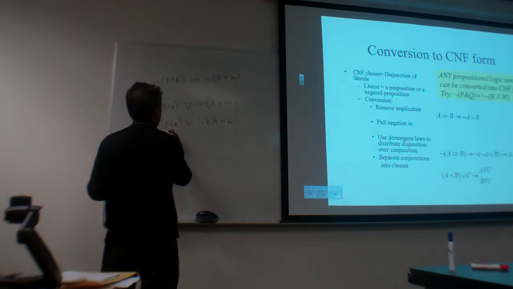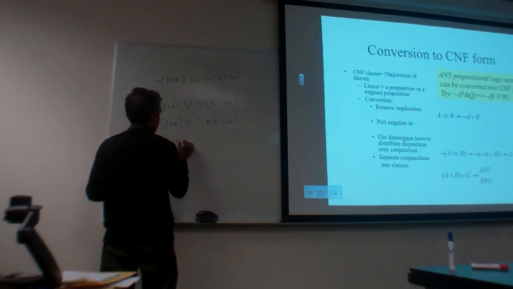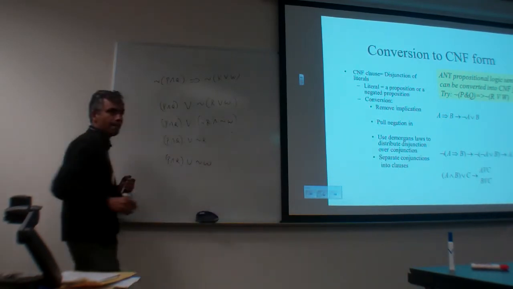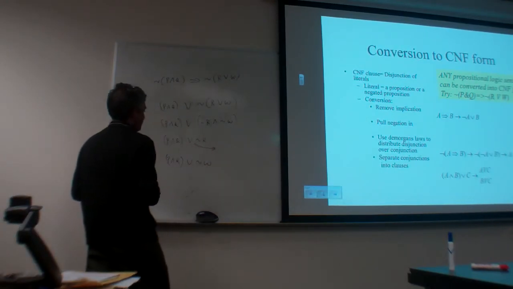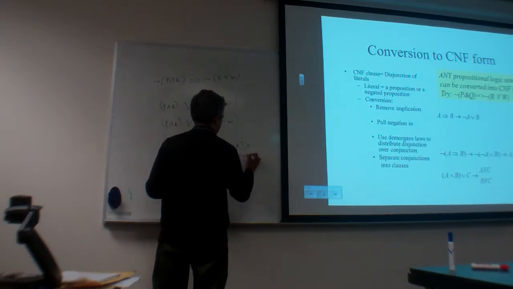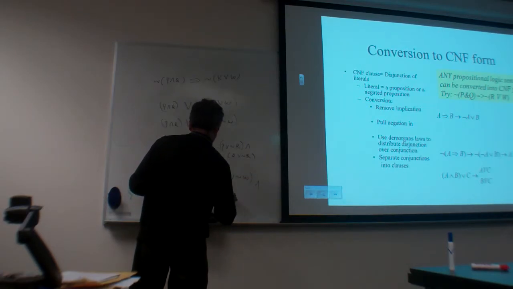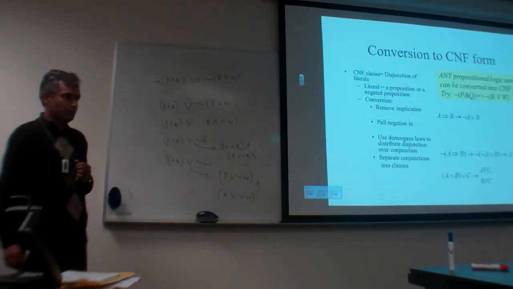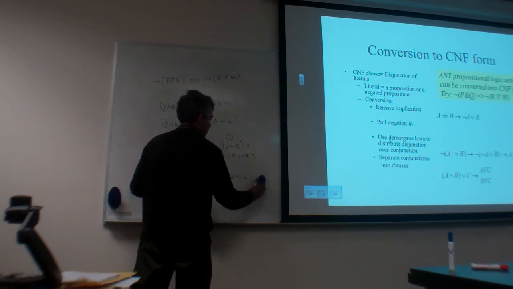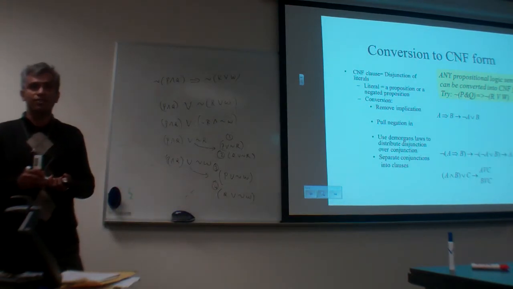For example, P and Q or not R and not W can be written as P and Q or not R, and P and Q or not W. This in itself can be written as P or not R and Q or not R. This in itself can be written as P or not W and Q or not W. So now this is clause 1, this is clause 2, clause 3, clause 4. This corresponds to this set of 4 clauses.